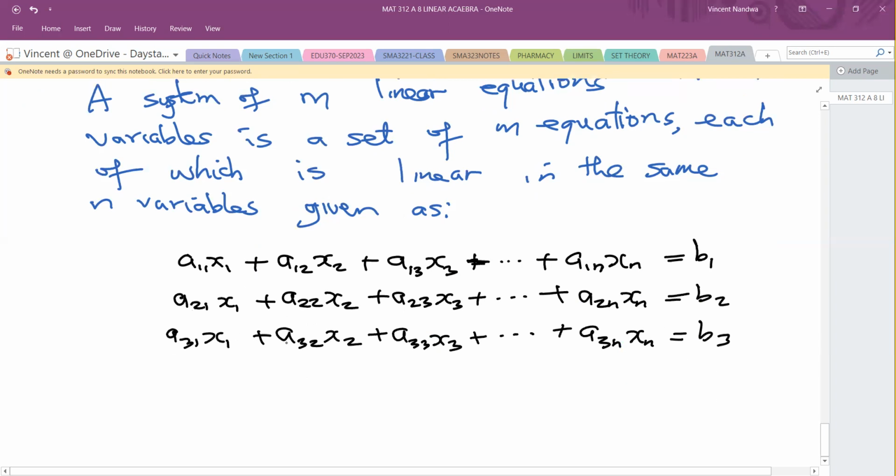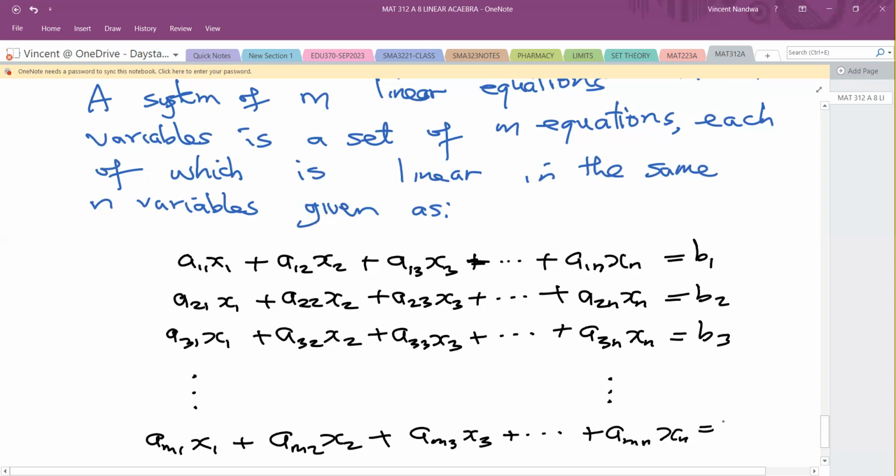Then you continue in a similar manner up to am1 x1 plus am2 x2 plus am3 x3 up to plus amn xn equals bm.